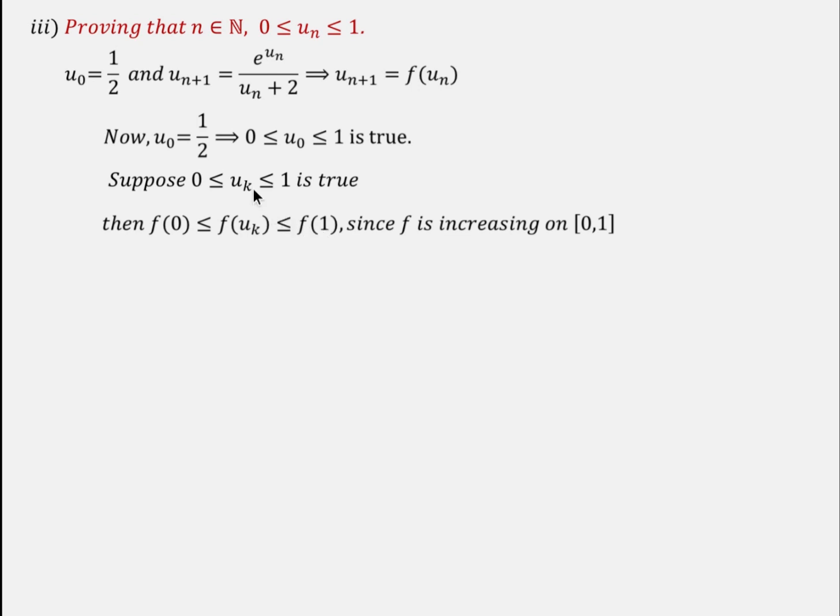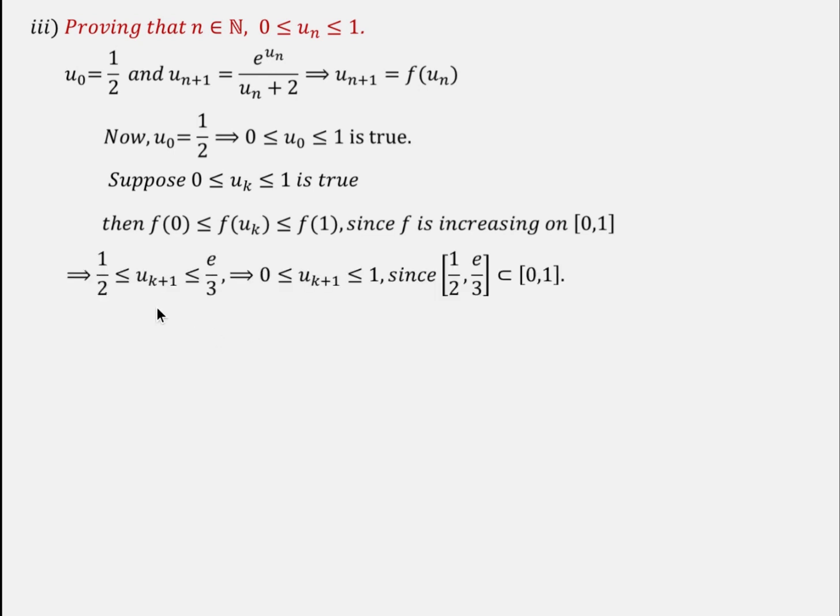And we can only move from the statement assumed to this other statement because of the fact that f is increasing on the interval 0 to 1. If f of x were not increasing in that interval, we cannot move from this statement that we have supposed to be true to this other one, which is crucial for us to do the proof.